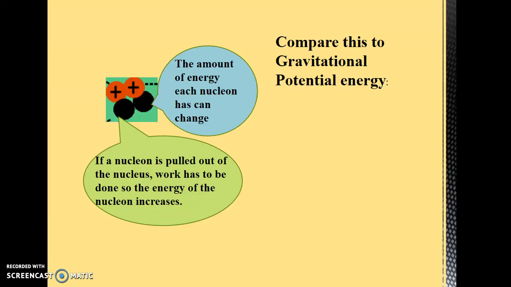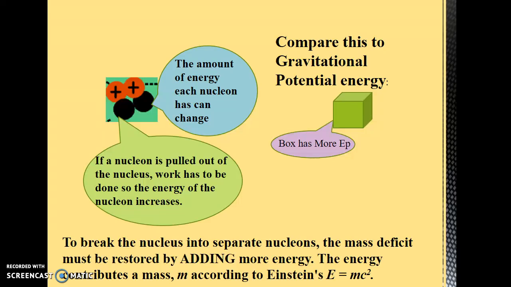Compare this to gravitational potential energy: if you lift a box lying on the floor, you've given it more potential energy. Similarly, to break the nucleus into separate nucleons, the mass deficit must be restored by adding more energy, and that energy contributes to its mass.